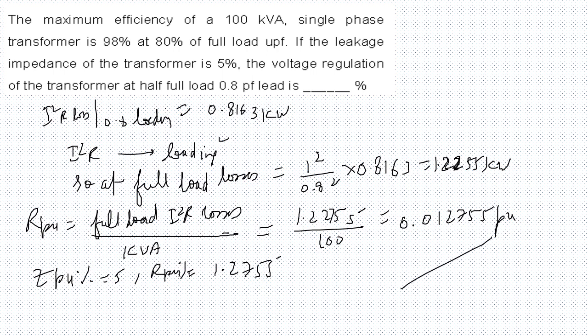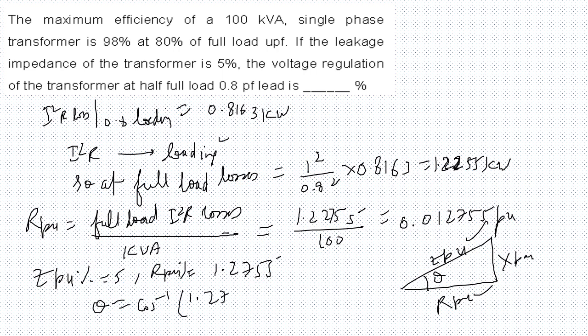Now you can calculate your impedance angle. How can you calculate it? This is theta, this is your R per unit, this is your X per unit, and this is your Z per unit. So we know R per unit and Z per unit, and we can use cos inverse: theta is equal to cos inverse of 1.2755 over 5.